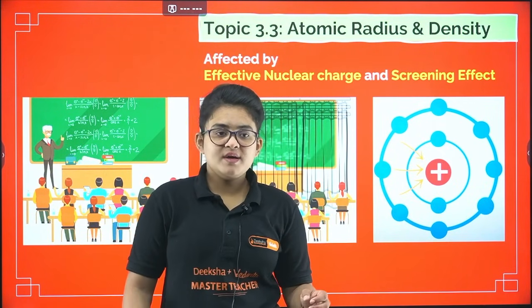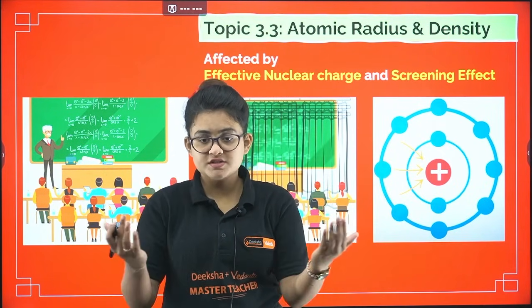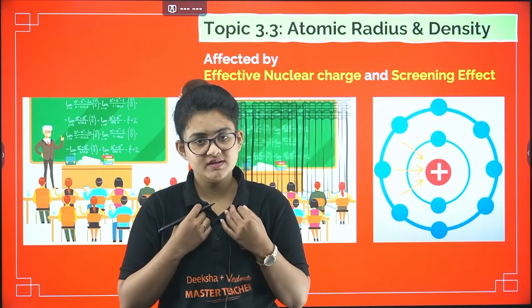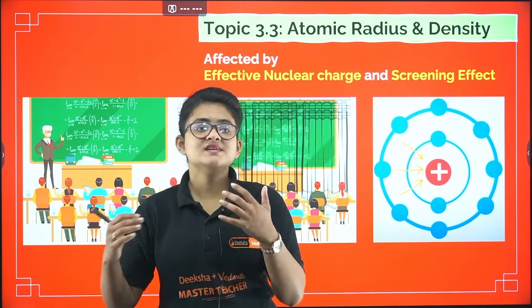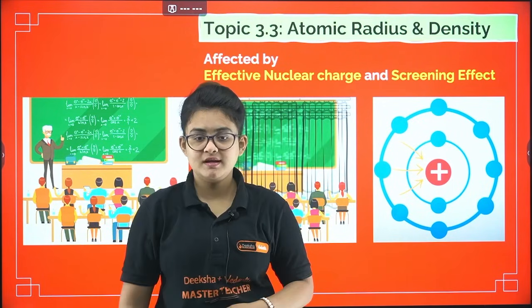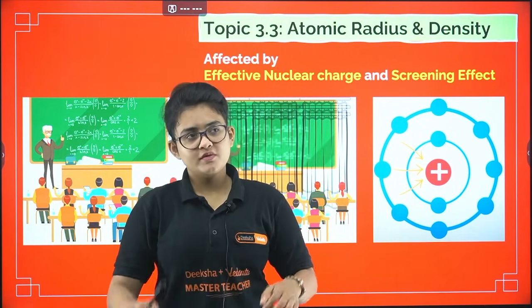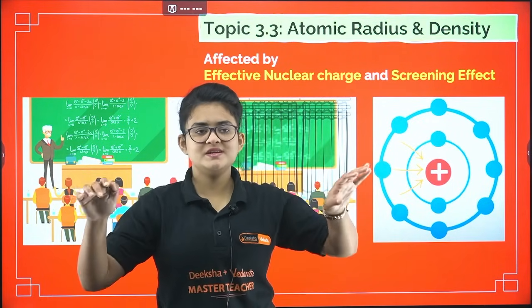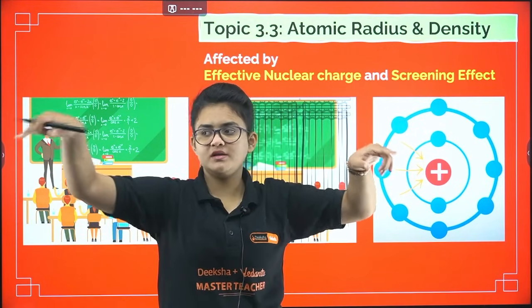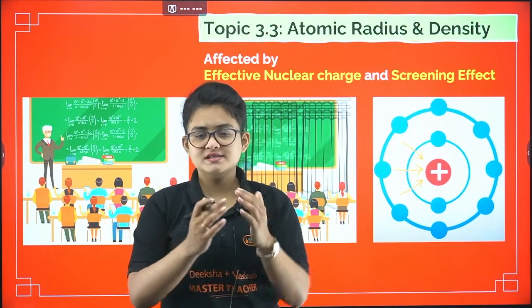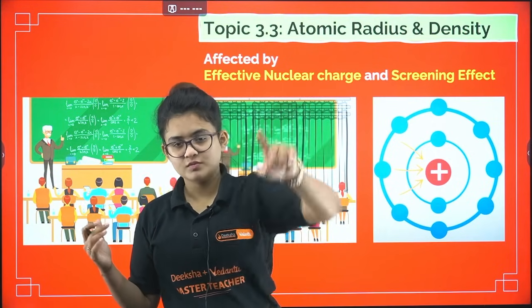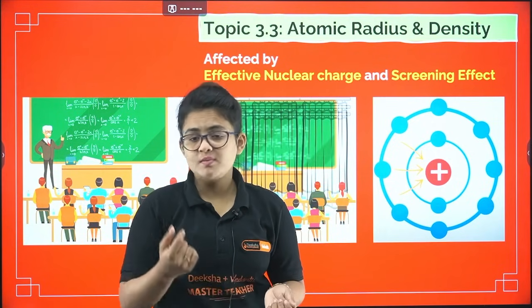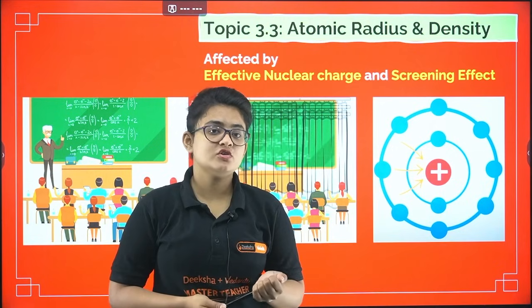If I am the nucleus and I have so many electrons in front of me, I can't see who is outermost. But if the electrons are diffused, here one, there one, sitting diffused, then I can see the outermost electron. The same thing happens in the case of d and f electrons as well.